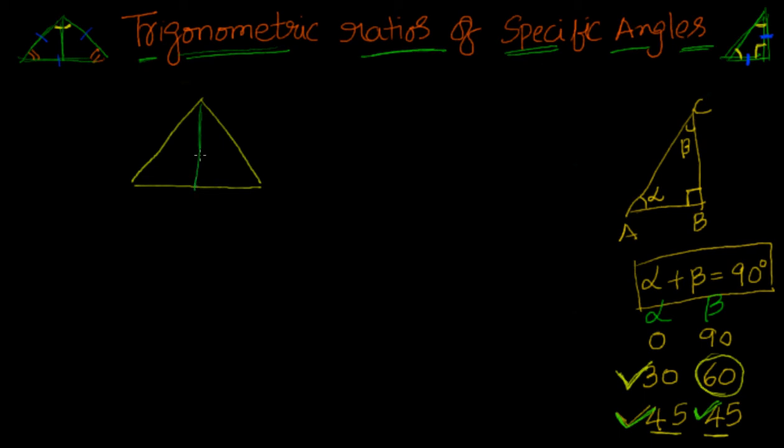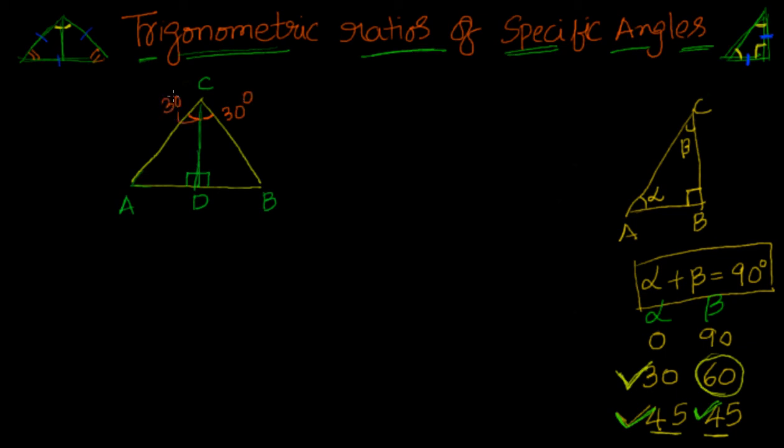Now what have I done? This is the triangle ABC. I have dropped a perpendicular. Now using congruency, I am not going to do congruency now, because that's part of geometry and you are aware of that. Using congruency, you know that this angle is equal to this angle is equal to 30 degrees.